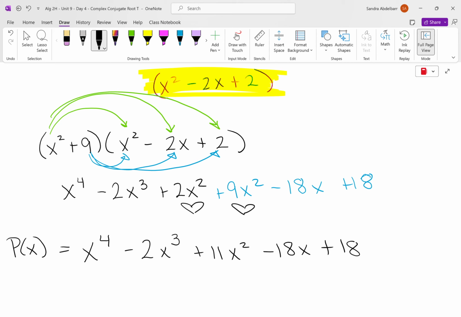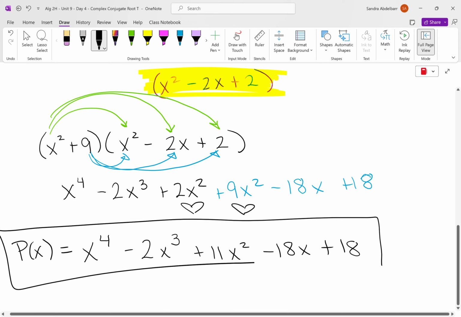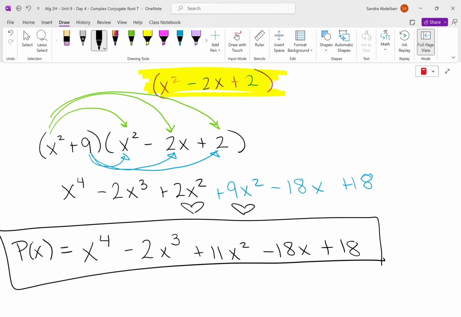If I said find the equation, I would not have written p of x equals. I would have written my polynomial and then set it equal to 0. That's the equation. But I didn't ask for the equation. I asked for the polynomial function, which will be p of x is equal to this whole thing. Okay. Let's keep going.